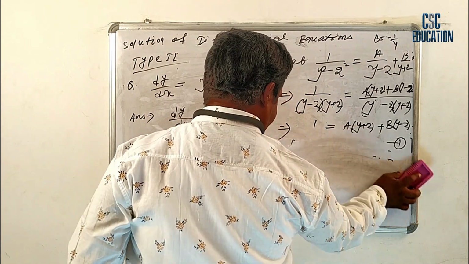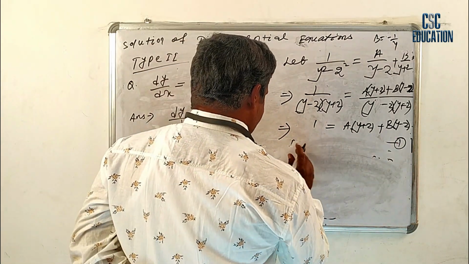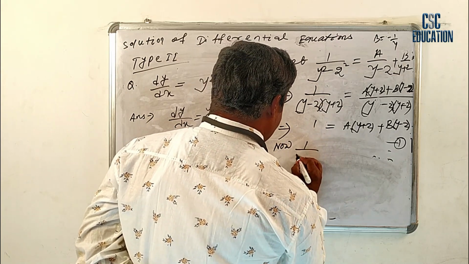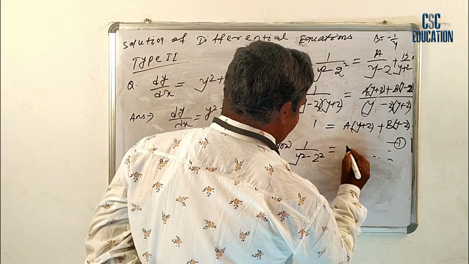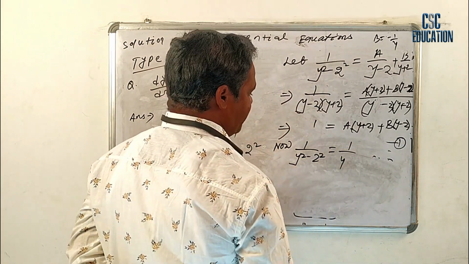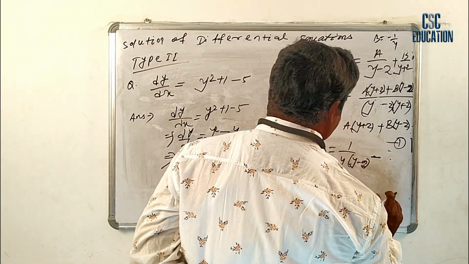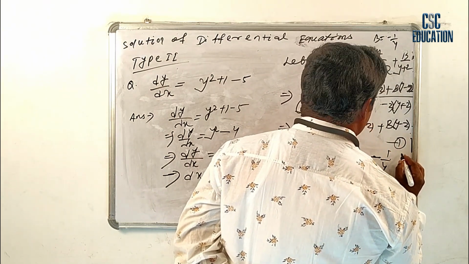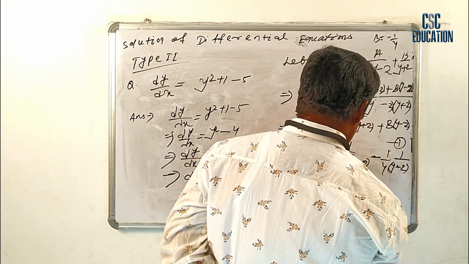Now 1 by y square minus 2 square equals 1 by 4 of 1 by y minus 2 minus 1 by 4 of 1 by y plus 2.